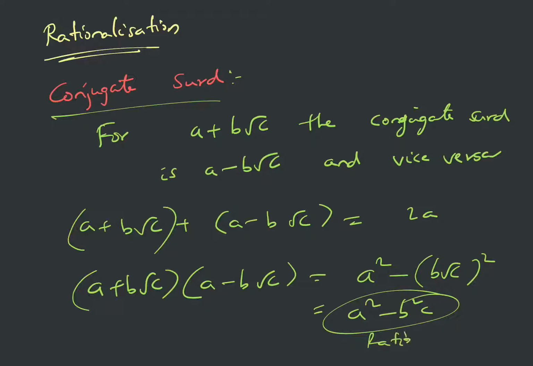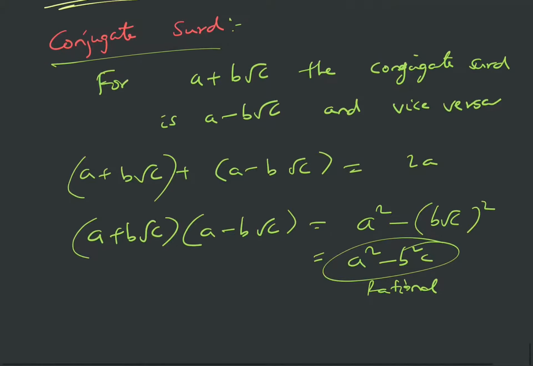So this is also rational, right? So on addition and multiplication we get rational numbers, that's why these are called conjugate surds. Let us write it as conjugate surds on addition and multiplication.